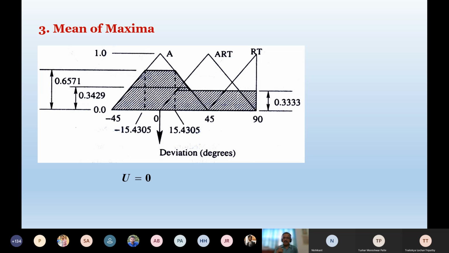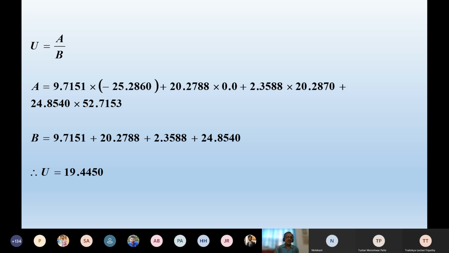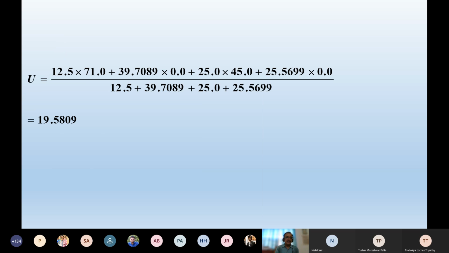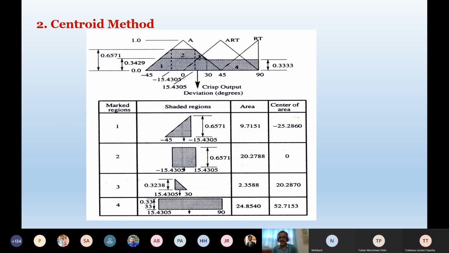That means you'll have to move ahead according to this mean of maxima. Now you see the difference. According to the mean of maxima, the crisp value is 0. According to the centroid method, it is 19.4450. And according to your center of sums method, it is 19.5809. One is IIT, another is NIT, another is university.